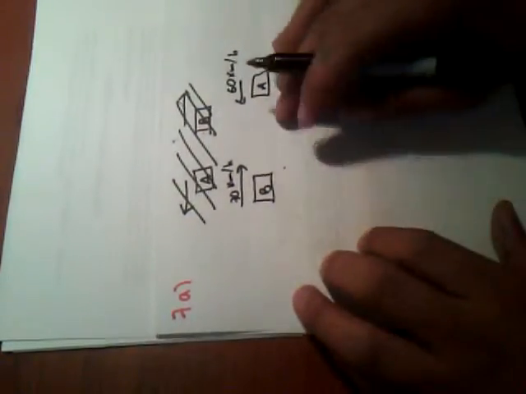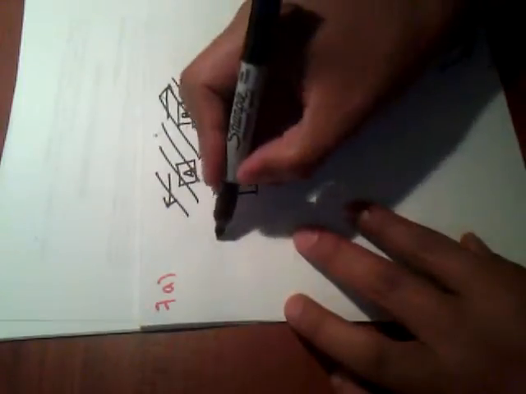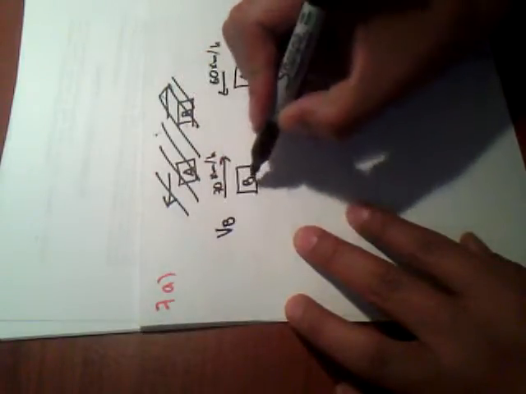That's just to clarify the position of the two trains. So this velocity, 70 kilometers per hour, is the velocity of train B relative to ground, and this is the velocity of train A relative to ground.